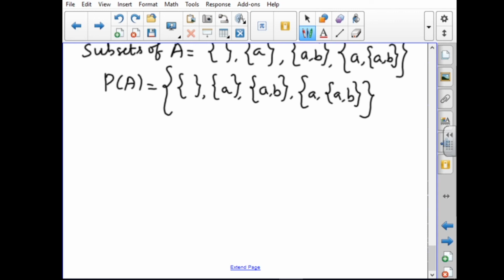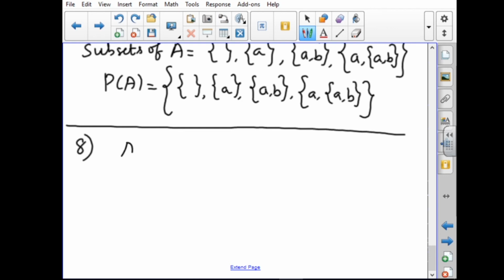Then next question number 8. Write down the power set of the following sets. Power set of the following sets. So we can use the same method for this sum, okay.